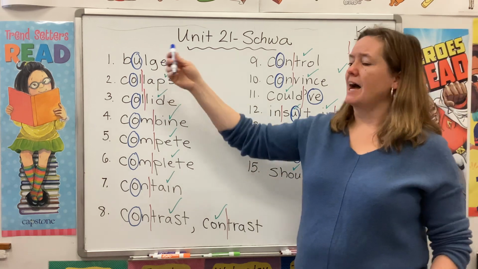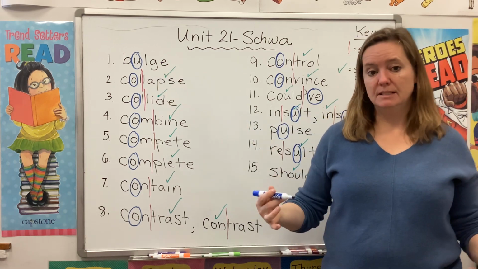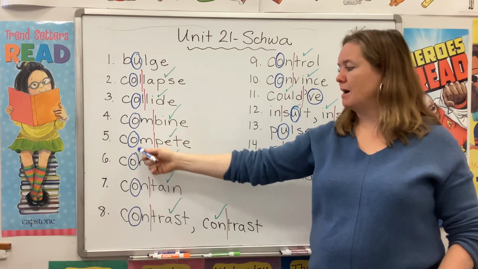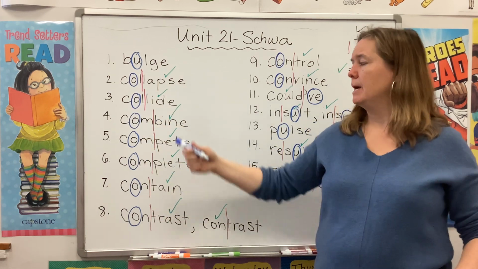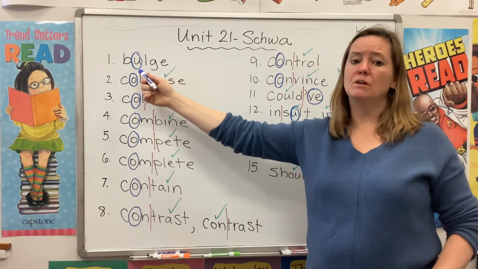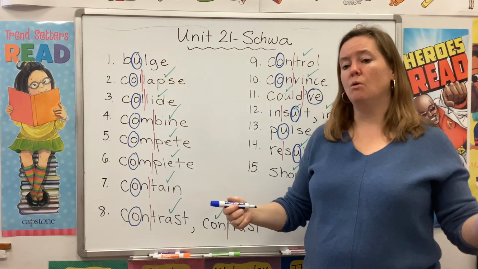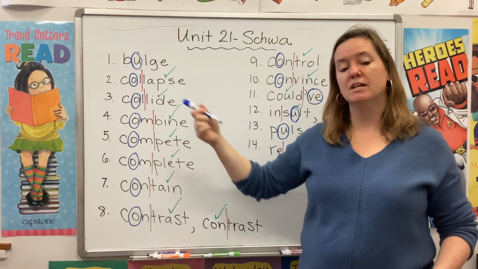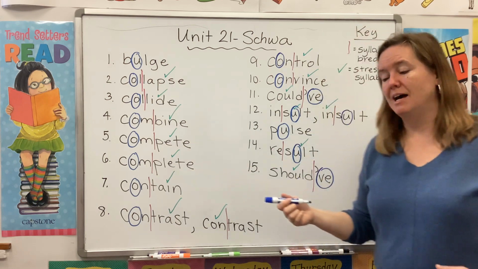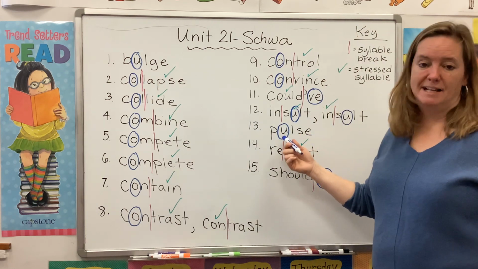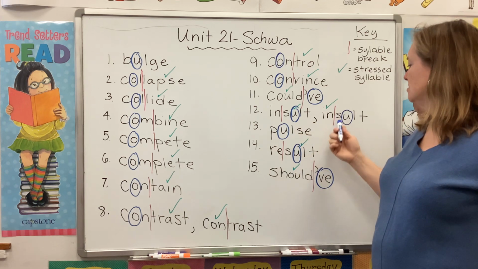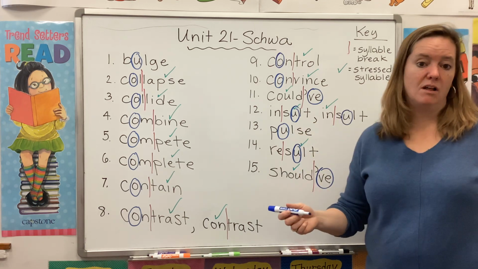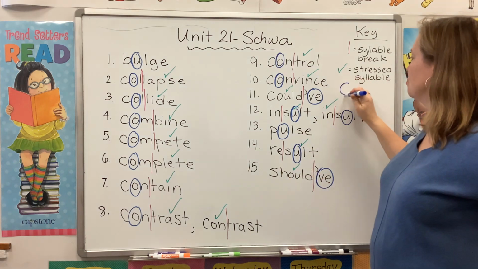So that schwa sound most of the time is showing up in an unstressed syllable. It's that lazy tongue sound. But in a one syllable word like push or pull or put or bulge, we have the sound on its own. Same thing in a word like pulse. And then in words like insult and result, all of those have a schwa.